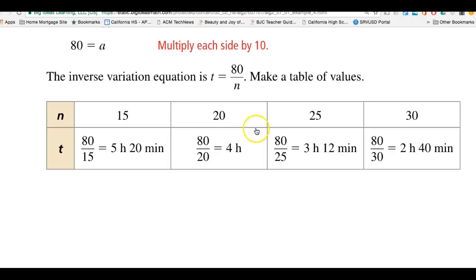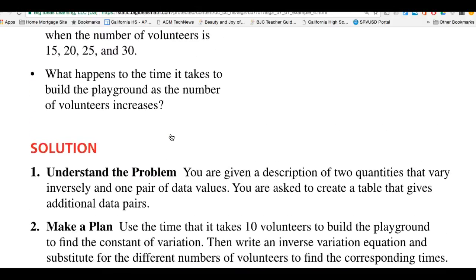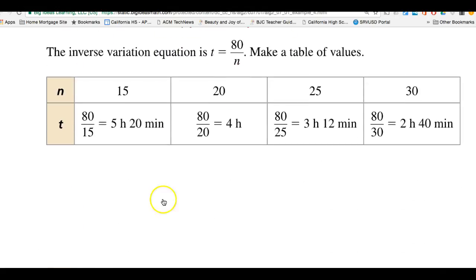So here's our table. Look what's happening. What do you notice? The second part asks, what happens to the time it takes to build a playground as the number of volunteers increases? As more people are working, what do you see happening to the time? You should notice that it's going down. And this should make sense. Think about work.